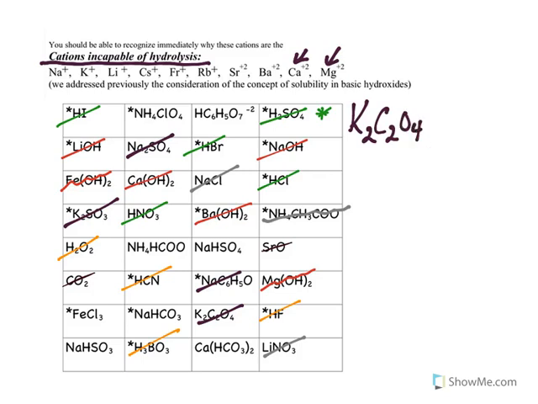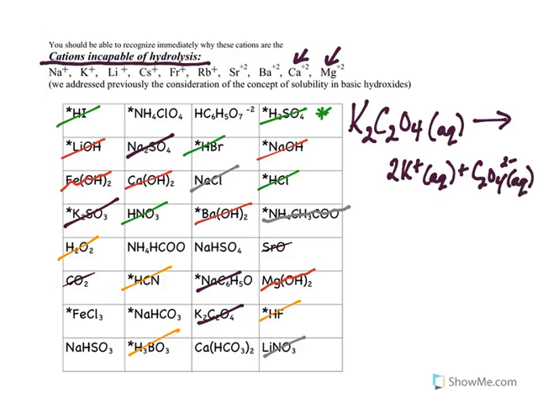And recognize that when that dissolves in solution, it will 100% dissociate to form potassium ions and oxalate ions because it is 100% soluble.